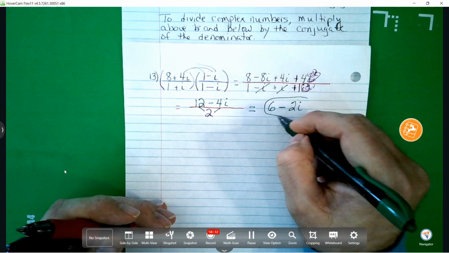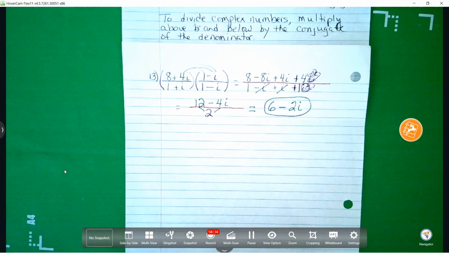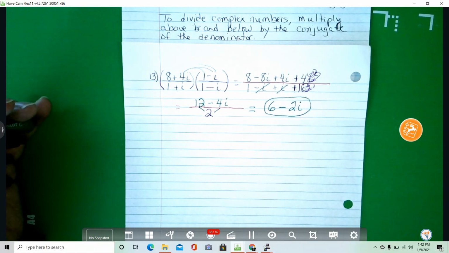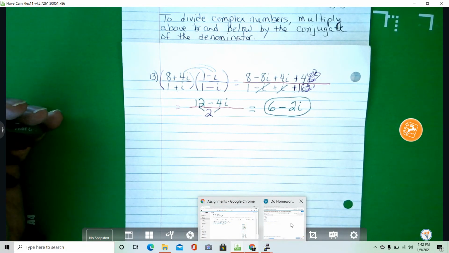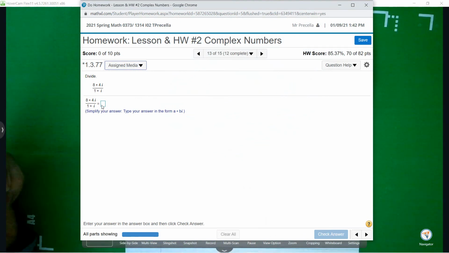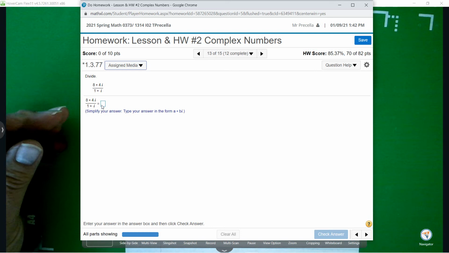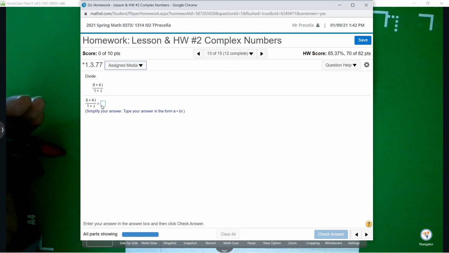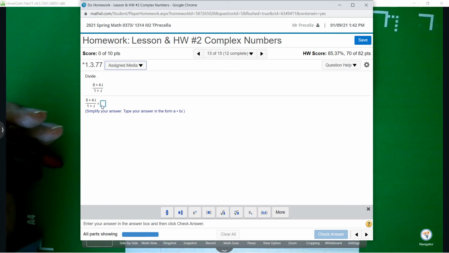So 6 minus 2i. So this is something that you really couldn't just look at and guess. 8 plus 4i divided by 1 plus i is 6 minus 2i. 6 minus 2i.